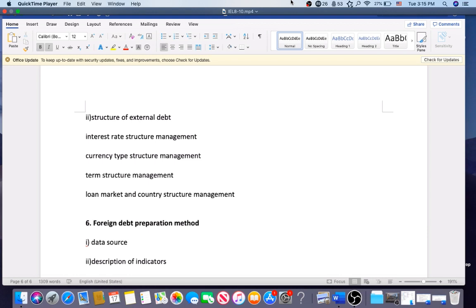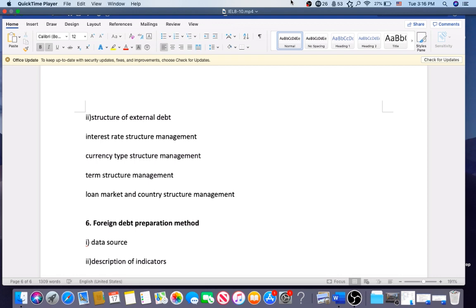And the interest rate risk refers to the possibility of increasing or decrease foreign debt caused by the fluctuation of interest rate during the period of borrowing from foreign debts to repayments.